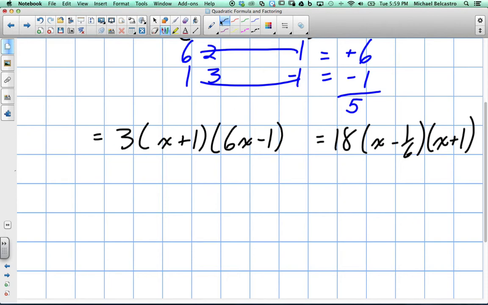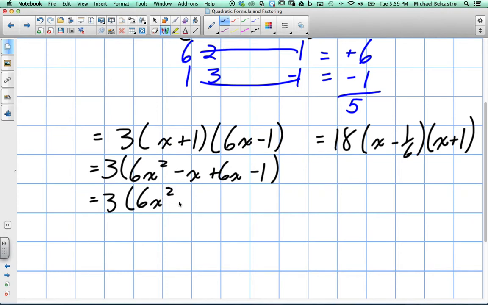And if you were to do FOIL, and I'll do it really quickly here, x times 6x is 6x squared, x times -1 is -x, 1 times 6x is 6x, 1 times -1 is -1. We collect our like terms, so we have 3 times 6x squared plus 5x minus 1. Then we distribute the 3 to each of the numbers. We have 18x squared plus 15x minus 3, so that's exactly where we started.